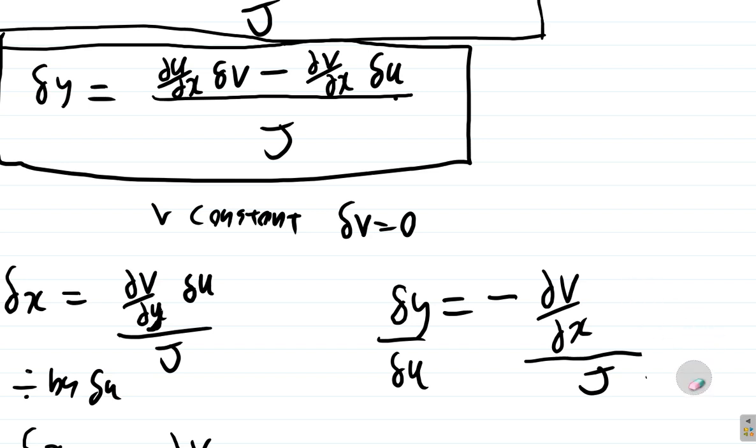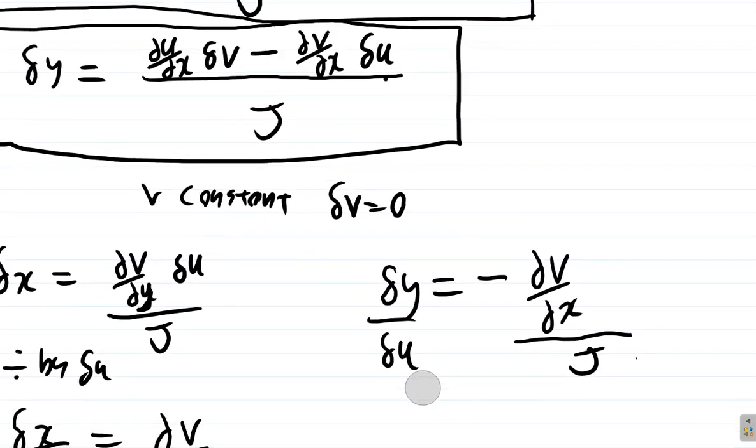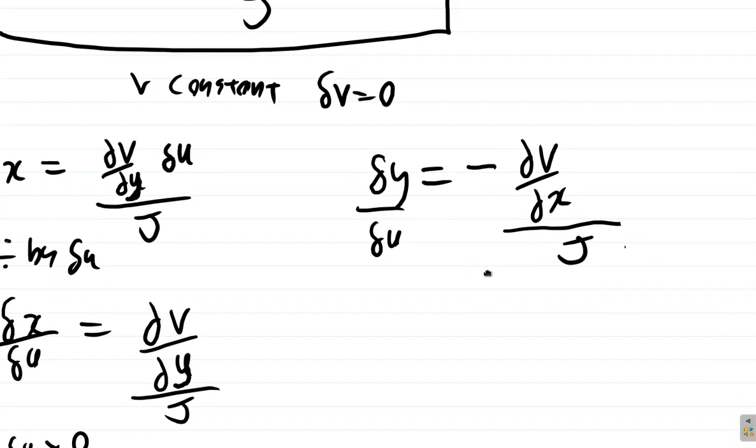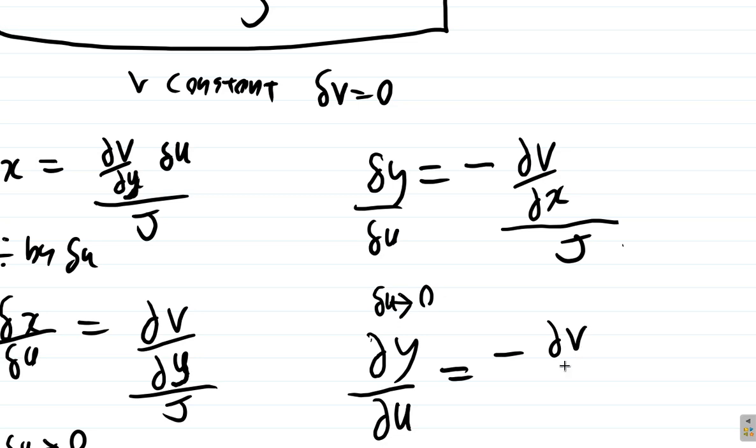So del Y by del U equals negative delta V by delta X over the Jacobian. Now, as the change in U tends to 0, this becomes the derivative: delta Y by delta U is equal to negative delta V by delta X over the Jacobian, alright?